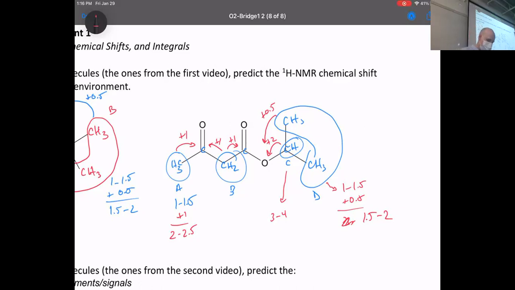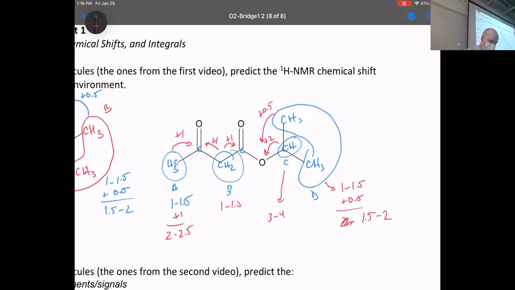So for this CH2, we might start off at 1 to 1.5, but you're adding a +1 from the carbonyl on the left, and you're adding a +1 from the carbonyl on the right. There might also be an effect of this oxygen that's 2 doors down, but it's going to be relatively negligible compared to everything else. But you're starting off at 1, and you're adding 1 to it twice, so you're adding 2. So you end up at like 3 to 3.5.